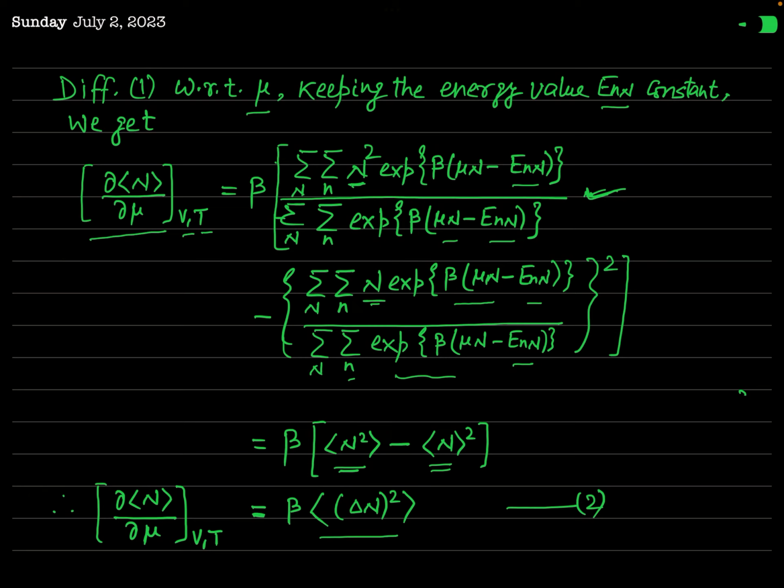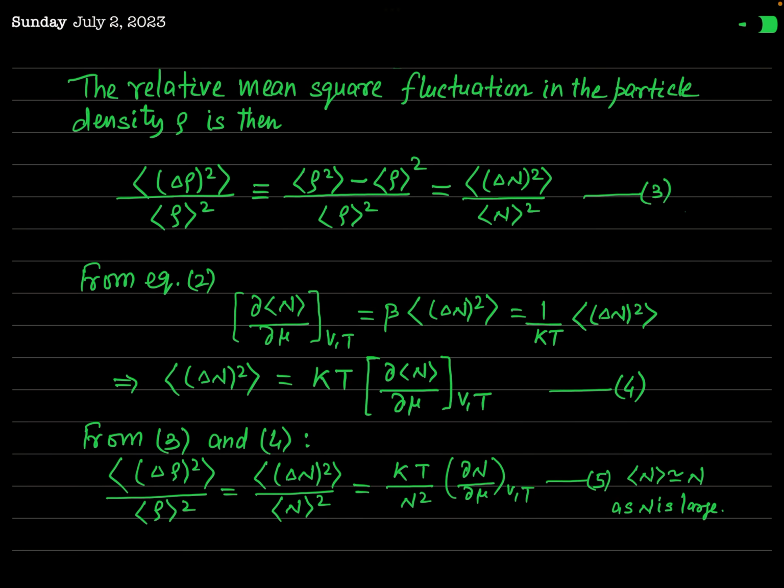So the partial derivative of n with respect to mu at constant v and t is just equal to beta times average value of delta n square, which actually represents the mean square value of the quantity n.